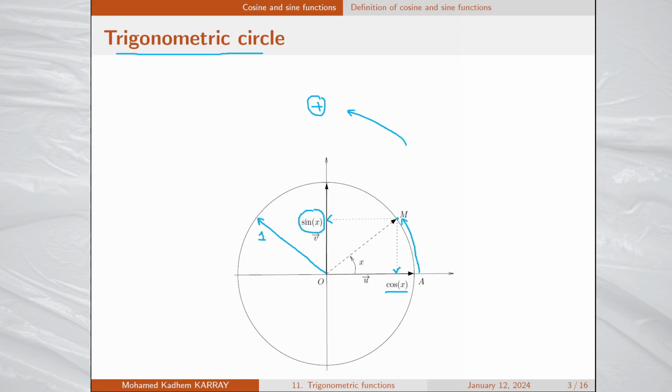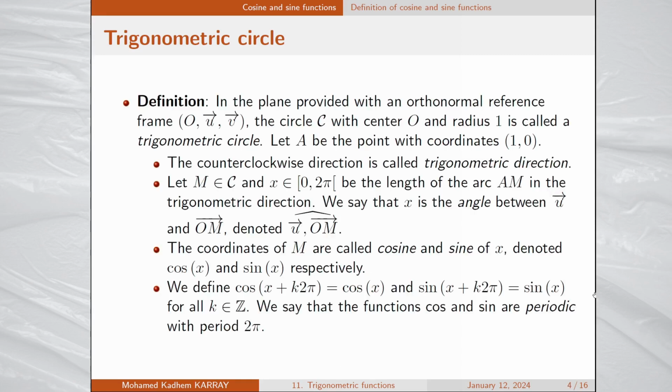Let's formulate this in mathematical terms. So the plane is provided with an orthonormal reference frame, OUV. Consider the circle C with center O and radius 1, which is called trigonometric circle. Let A be the point with coordinates (1, 0). We remind that the counterclockwise direction is called trigonometric direction. And for any point M on the circle, let x be the length of the arc AM in the trigonometric direction.